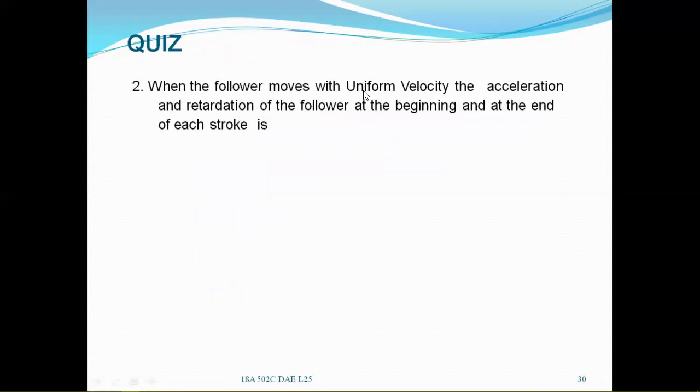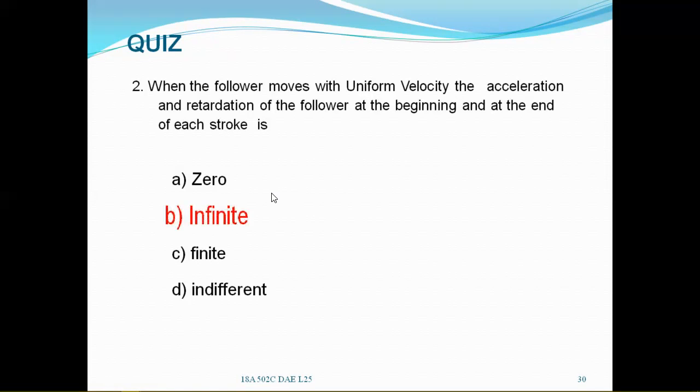When the follower moves with uniform velocity, the acceleration and retardation of the follower at the beginning and the end of each stroke should be: zero, infinity, finite, or indifferent. So which is the right answer?